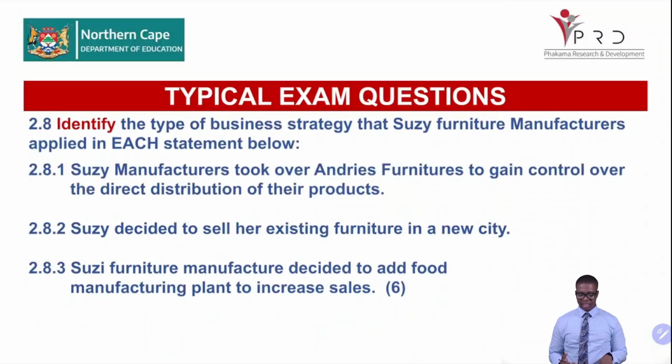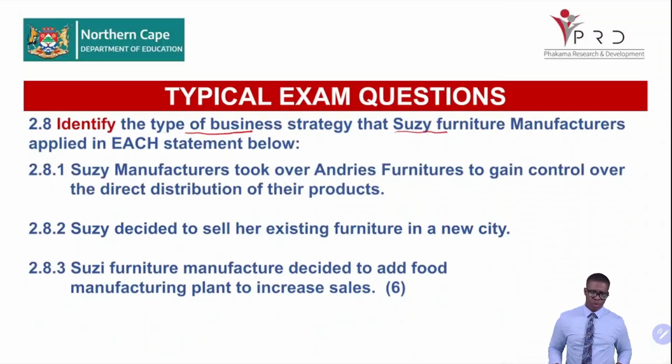Suzy decided to sell her existing furniture in a new city. Then Suzy Furniture Manufacturer decided to add the food manufacturing plant to increase the sales.